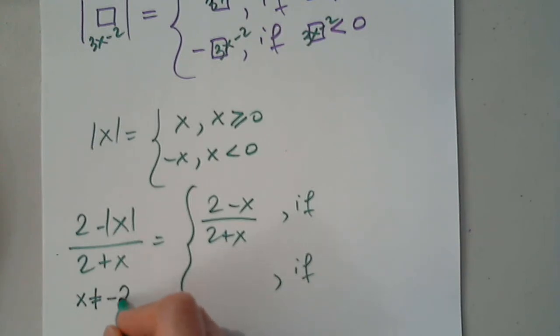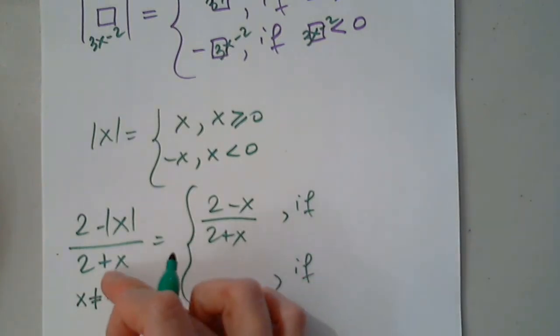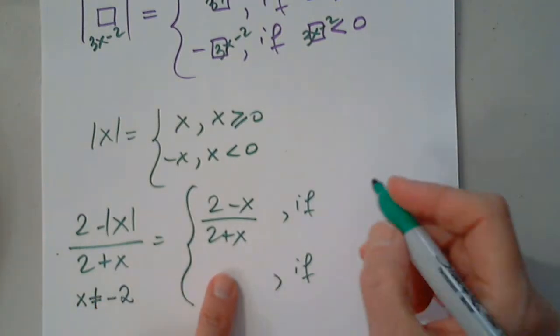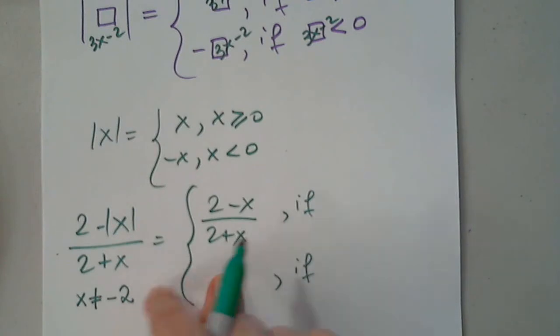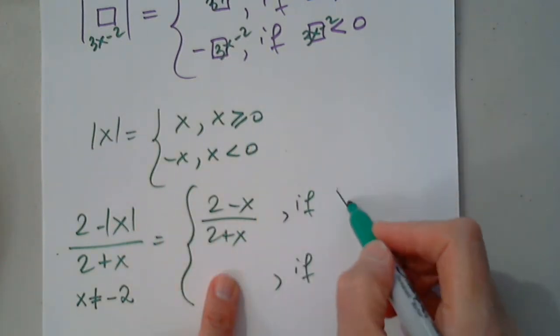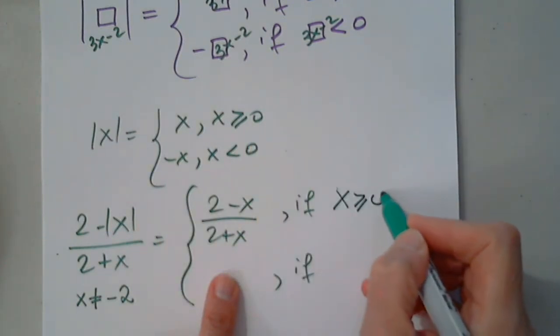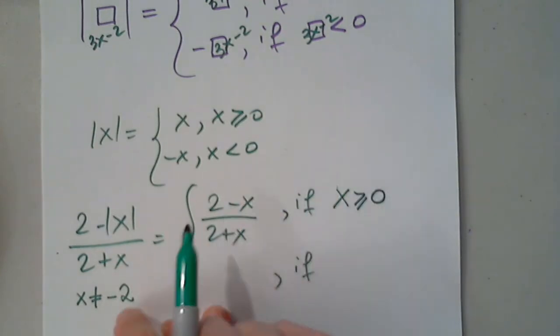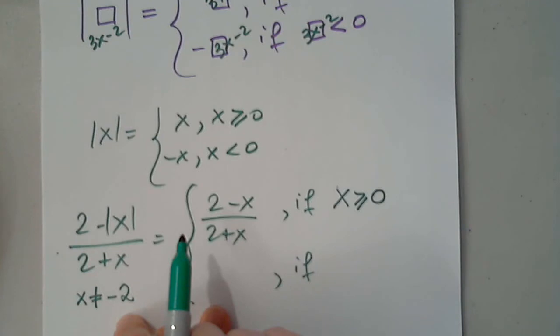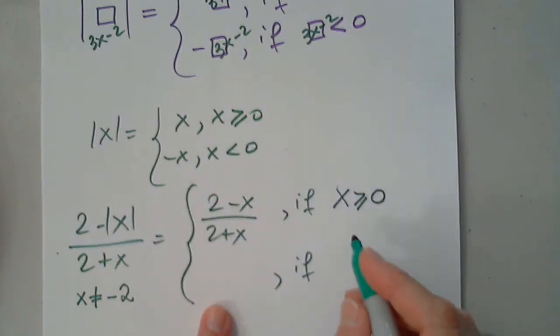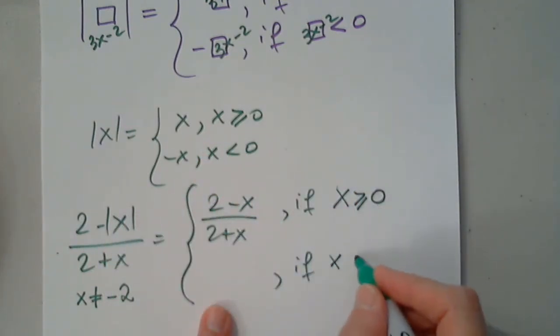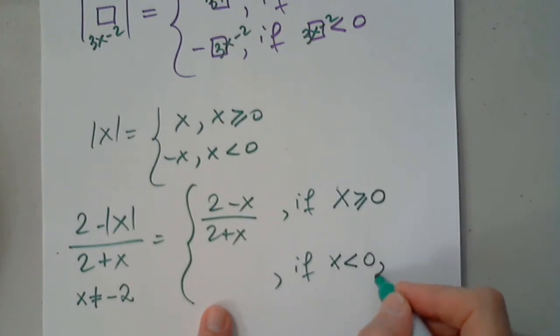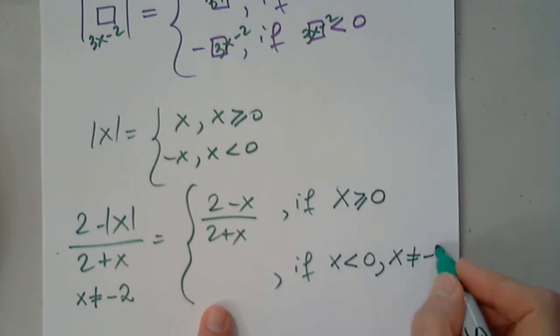Negative 2. Good. Perfect. The denominator will be 0 when x is negative 2. This -2 is not in this interval, so I have x greater than or equal to 0. And now let's analyze the second option, for x less than 0 but not -2.